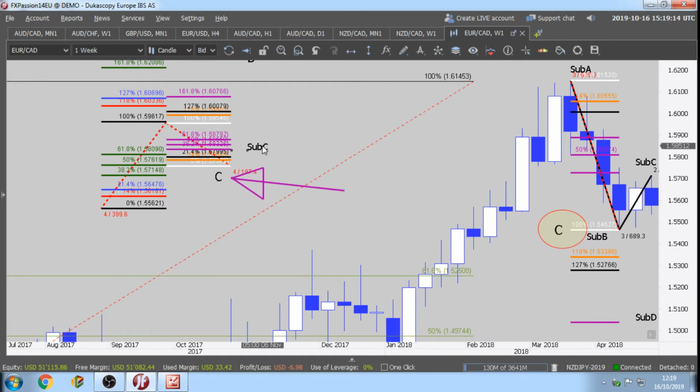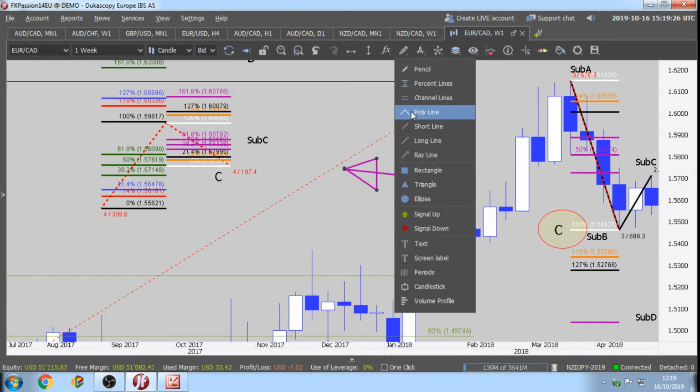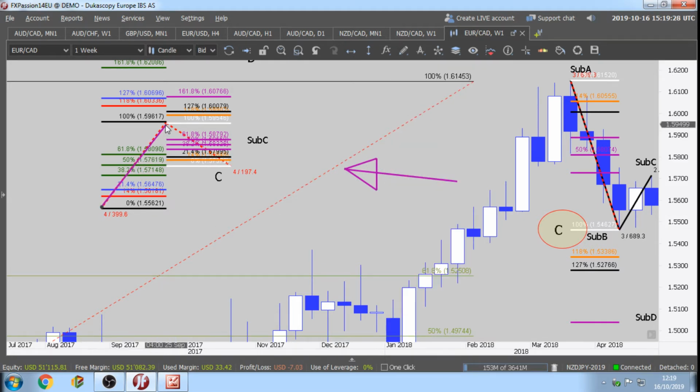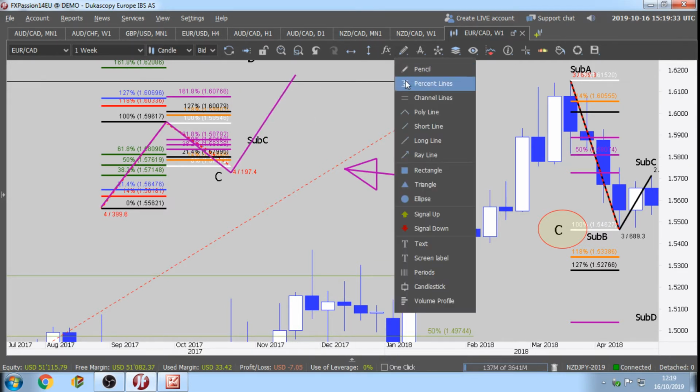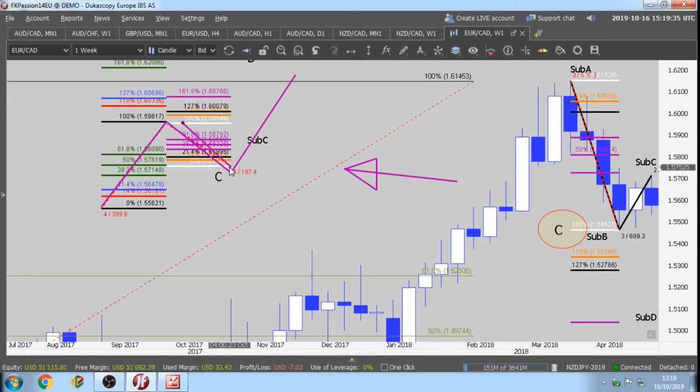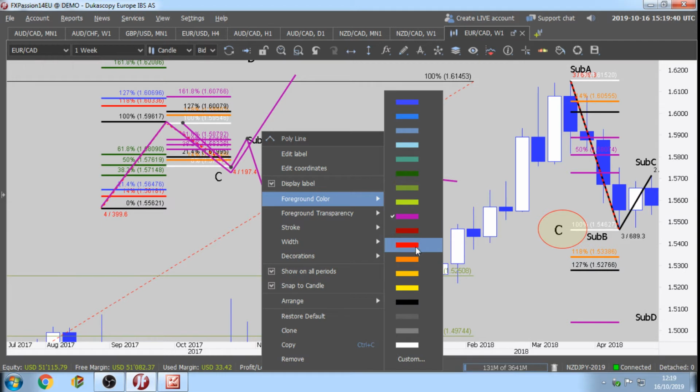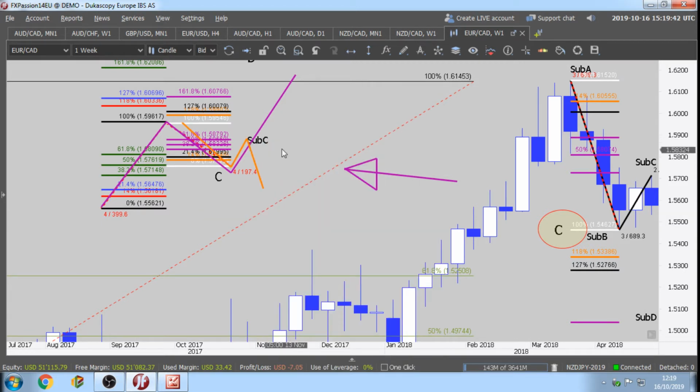What is the sub C? The sub C is the highest point inside the sub A, sub B boundary before the market hits the appropriate D extension. So it's always the same, right? A, B, C, D, or sub A, sub B, sub C, sub D. The contrarian Fibonacci goes in the opposite direction of the original Fibonacci.